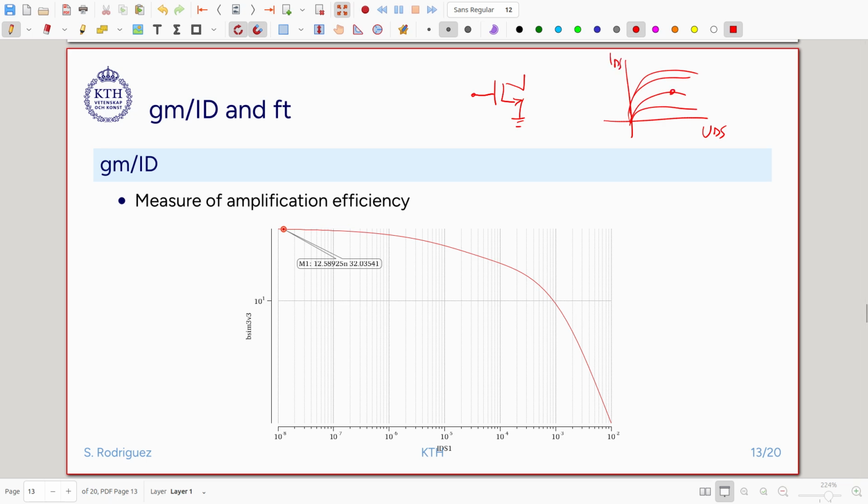We have to select a particular biasing point for those transistors to work. But how do we select first the dimension of the transistor and then the biasing point? We have some tools that are going to help us do that. Those are the characterization tools. One of the very important tools is the gm over ID and the transit frequency. We are going to study these in detail.